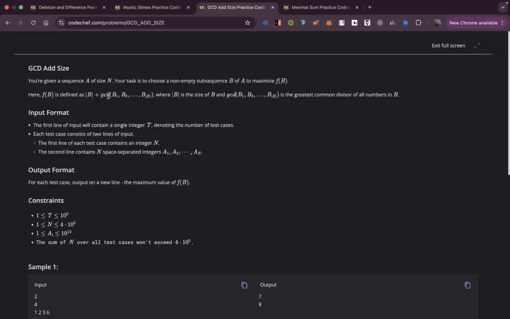That is, the GCD of B1, B2, and so on till B of mod B, plus the size of the non-empty sequence B that you took, where the GCD is of all the numbers in that subsequence. If we figure out this F(B) value, we want to maximize that.